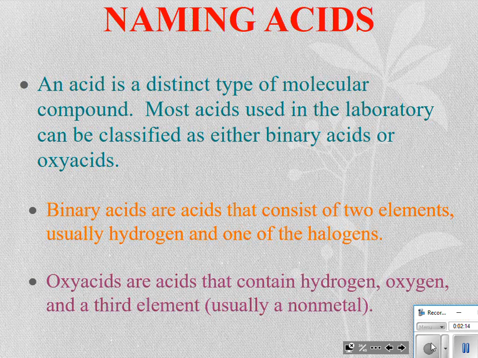Binary acids consist of two elements. Usually it's hydrogen with a halogen. Not always the case, but usually. Like I said before, oxyacids contain hydrogen, oxygen, and a third element that is usually a nonmetal.